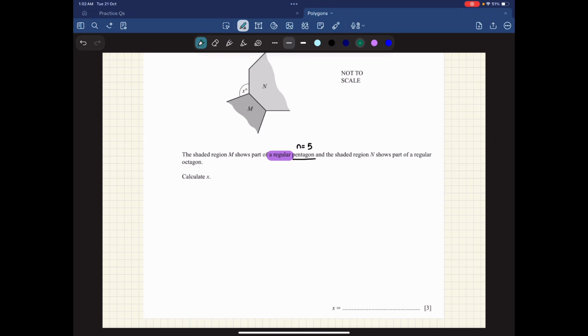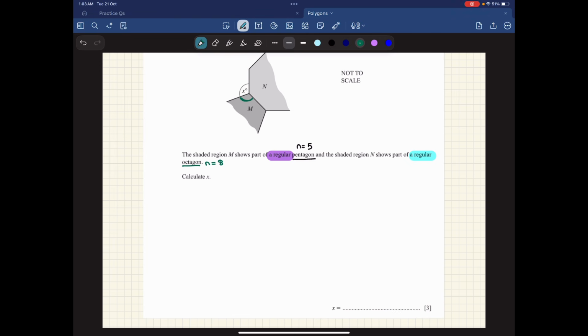Again, regular means all sides and angles will be equal, and octagon means that n is going to be 8. So an octagon has 8 sides. They're asking you to calculate the value of x. So they have told us that M is a regular pentagon. Using this information, we can calculate the interior angle of the pentagon.